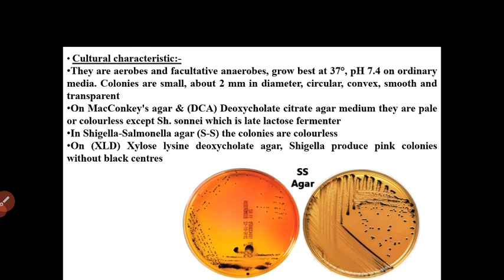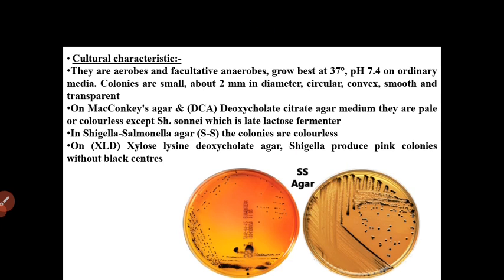On MacConkey's agar and DCA, deoxycholate citrate agar medium, they are pale or colorless except Shigella sonnei, which is a late lactose fermenter. In Salmonella-Shigella agar, SS agar, the colonies are colorless. On XLD, xylose lysine deoxycholate agar.